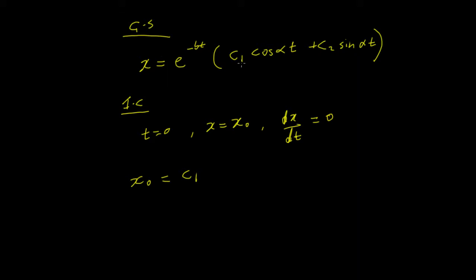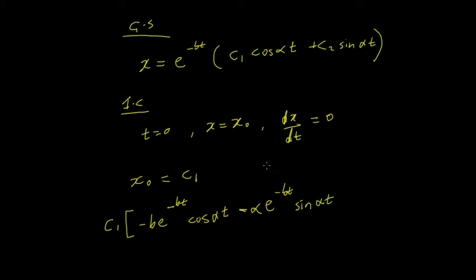If we take out the common constant factor, c1, we can differentiate the first term, so we're going to end up with minus b e to the minus bt multiplied by the other factor, which is cos alpha t. Then if we differentiate cos we get minus sine, so we end up with minus alpha, e to the minus bt times sine alpha t.